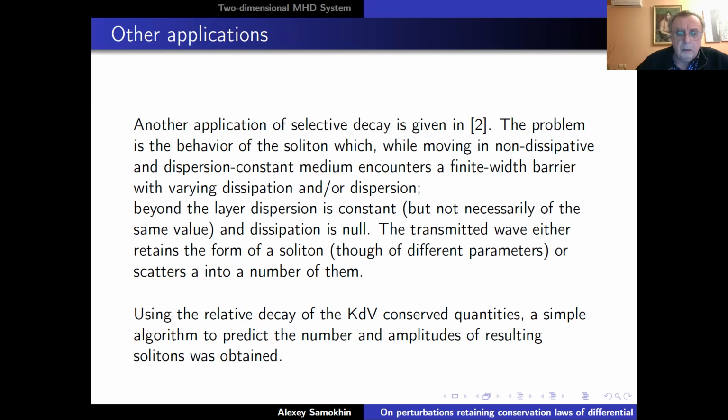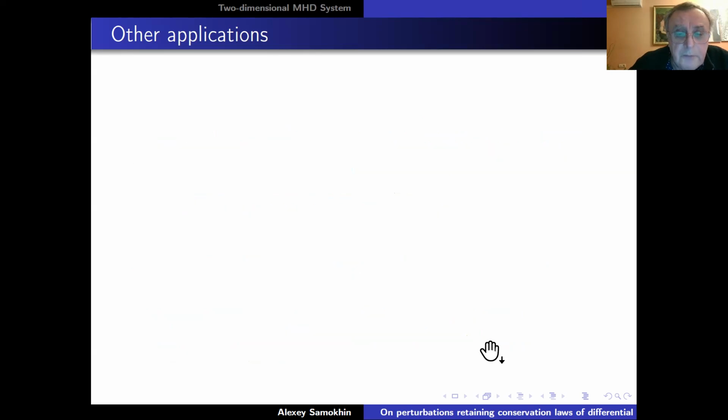This is the case when coefficients of the equation become non-constant, and the selective decay may predict where the change goes into the simple solutions of KdV with solitons, for instance.